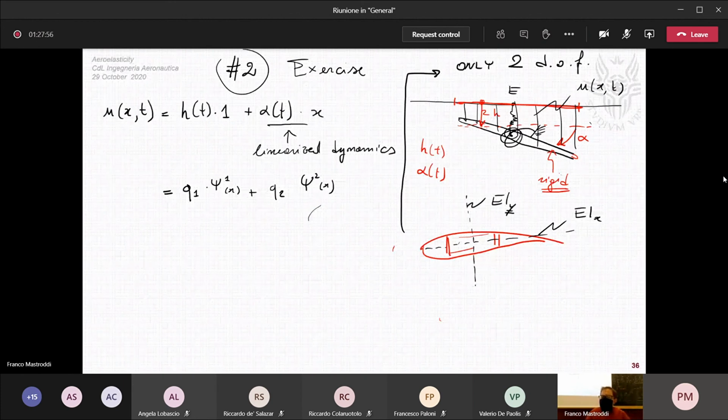So this is a special Lagrangian representation of the motion. Now we have currently two Lagrange equations of motion like this. This is Q1, and we have alpha, which is the second one, Q2, and we have two shape functions, interesting shape functions.